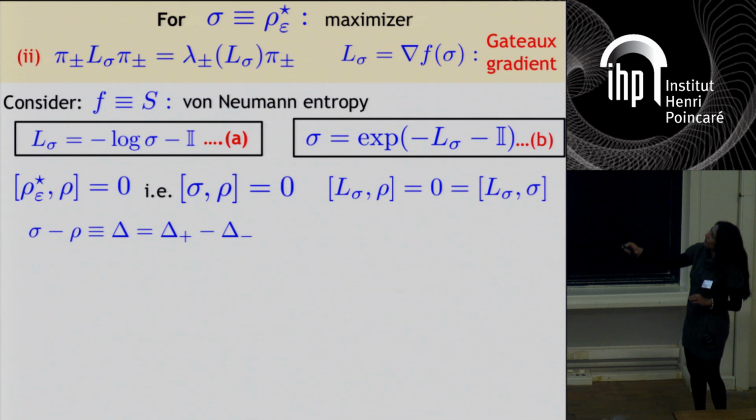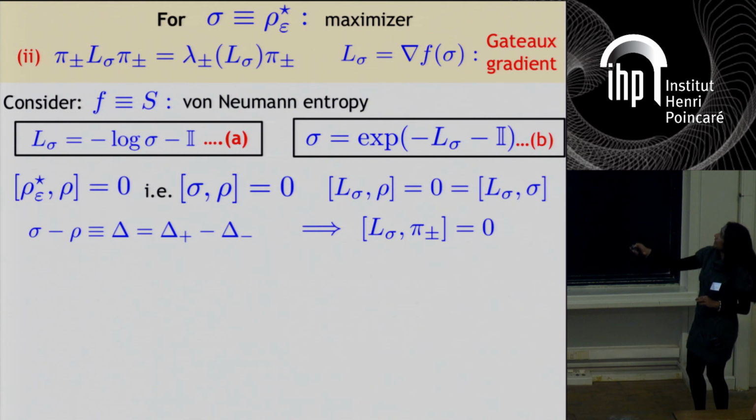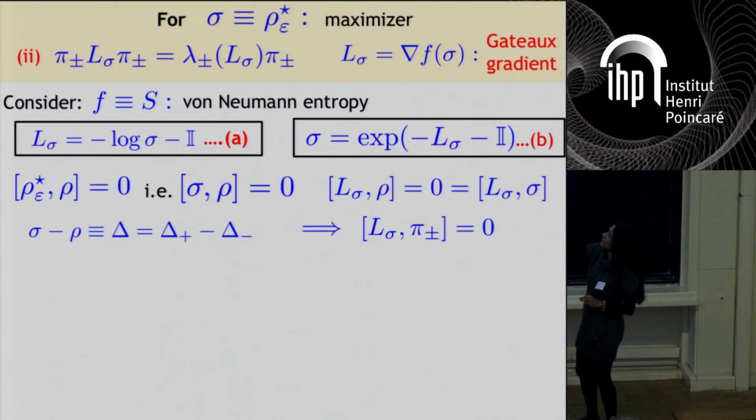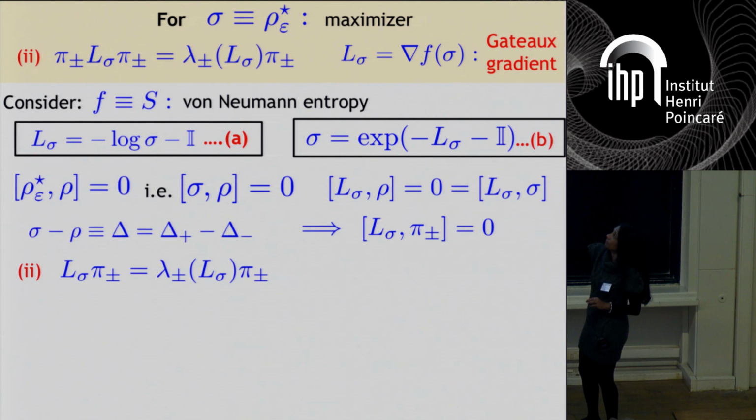Let us look at this pi plus minus. They are projections on this and this, right? So this tells us, if these commutation relations hold, that L sigma commutes with both of these projections. Why does this help us? It helps us to reduce this relation. Pi plus minus commutes with L sigma, and these are projections, so we can write it in this manner.